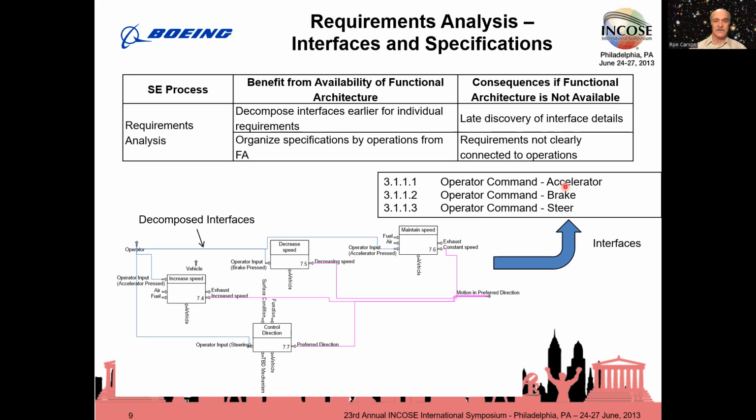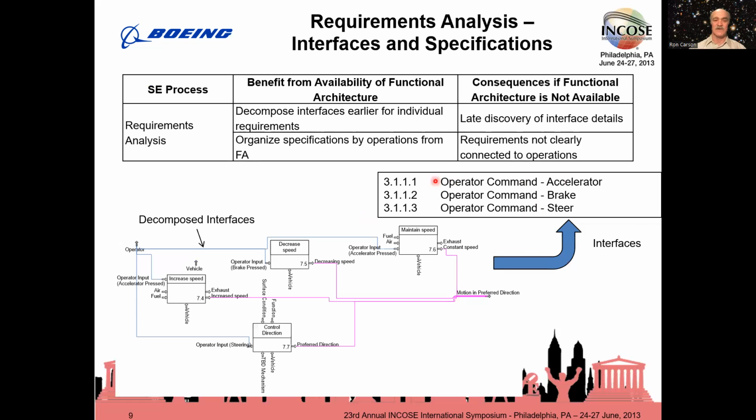We can also use the functional architecture during requirements development to clearly decompose those interfaces at the system of interest boundary for individual requirements. So we might describe in the context operator commands to some sort of a system.